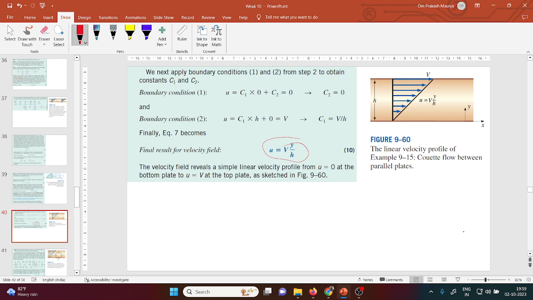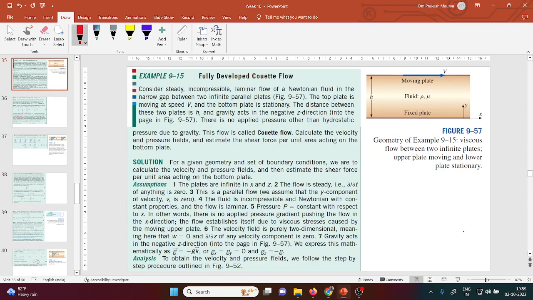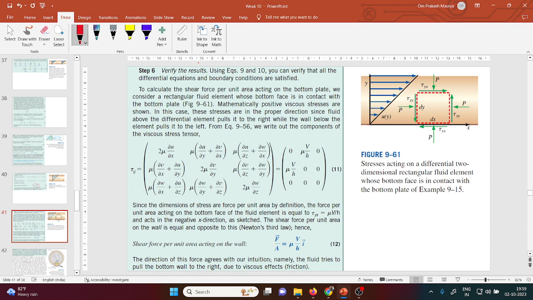And where is the application of these things, I also have a slide where we are going to apply this, the 9.15 example. The application, step 6 is there for verifying the result.